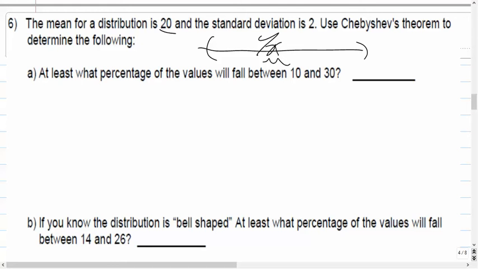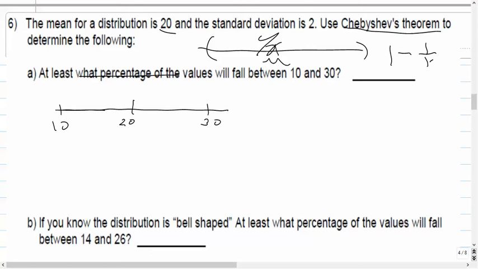All right, so I am trying to figure out the percentage of data that's between 10 and 30. I know the mean is 20. Since I'm trying to find the percentage of data between two numbers, one of the things I might want to consider is Chebyshev's theorem. And the formula is 1 minus 1 over k squared.